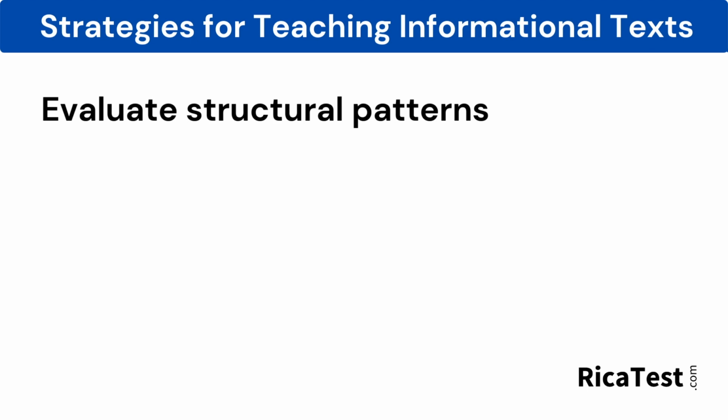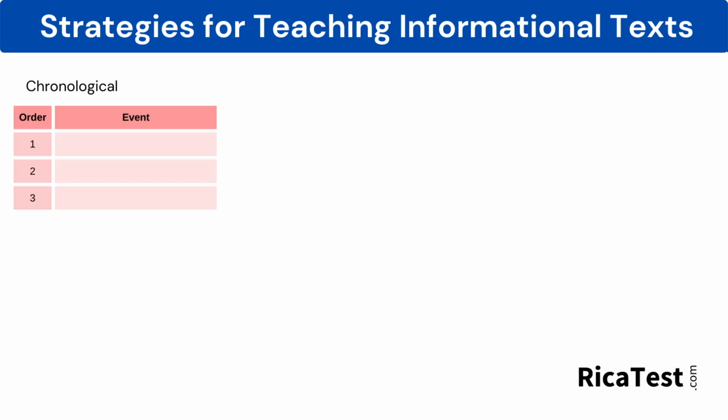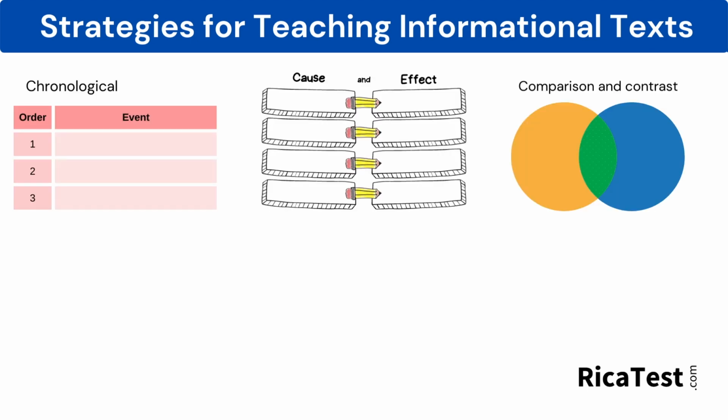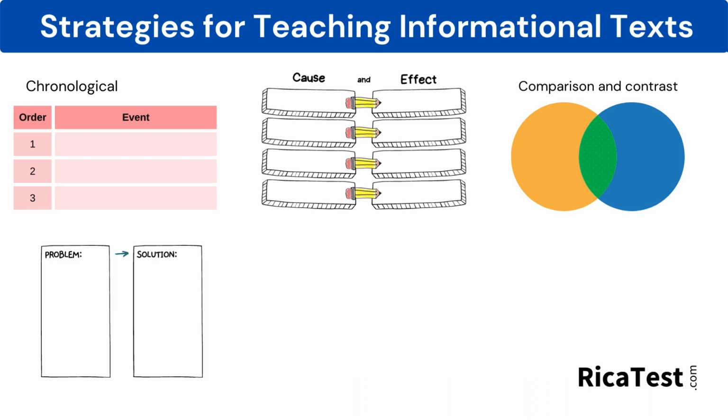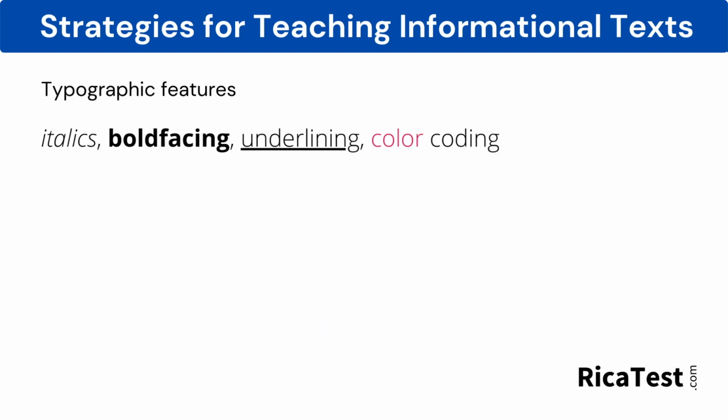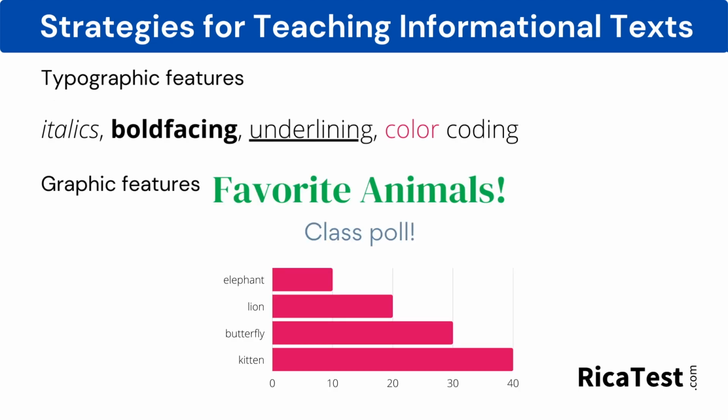The first strategy is to evaluate the text logic and consistency through its structural patterns, such as chronological, cause and effect, compare and contrast, problem and solution, and description, in combination with the student's understanding that text features, such as typographic features and graphic features, all help carry meaning on the page. They're all there because they have a purpose.